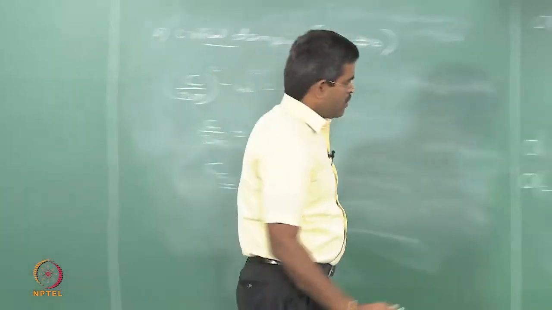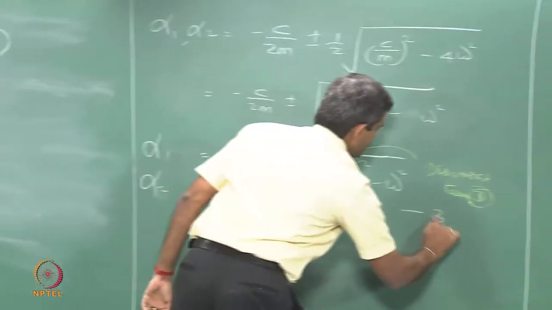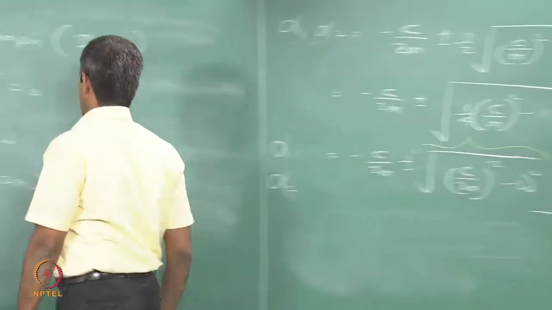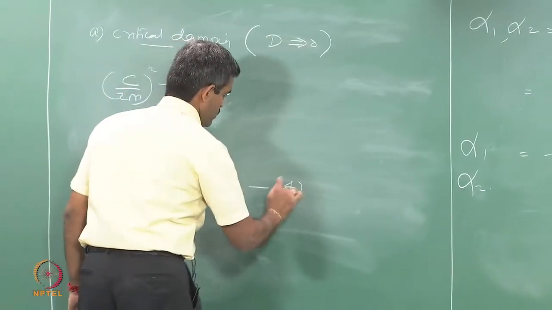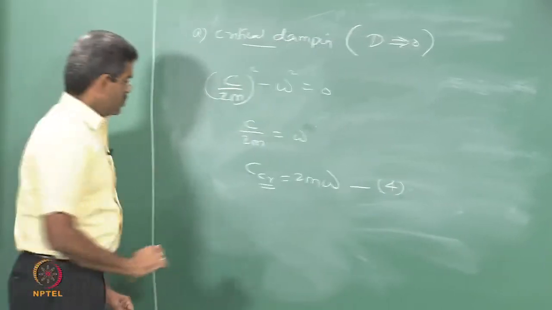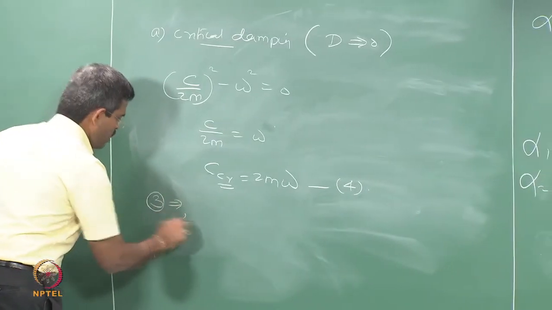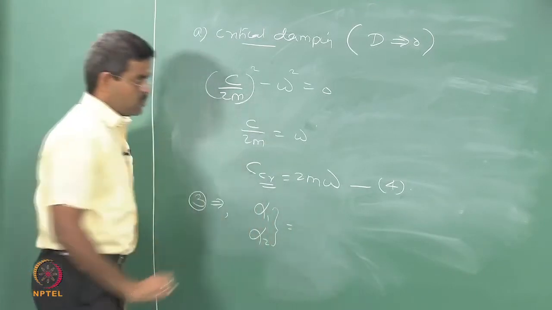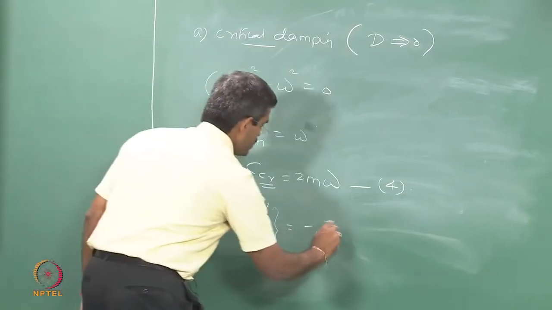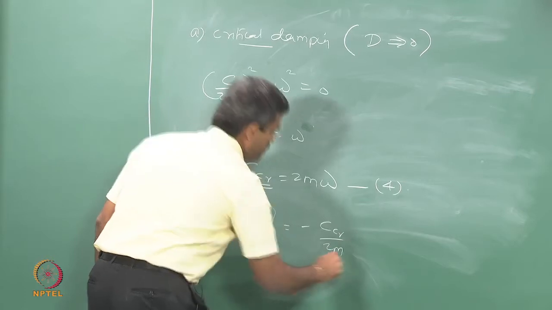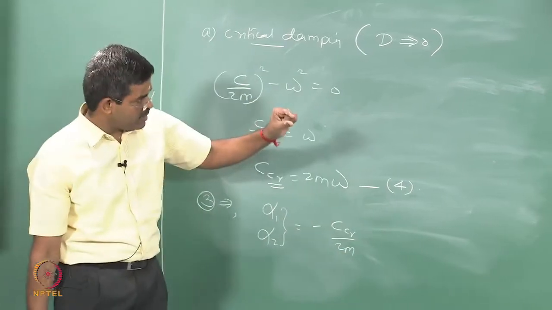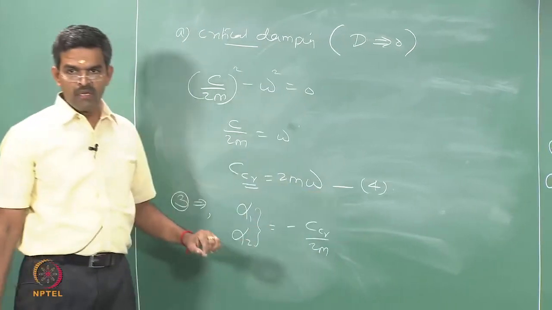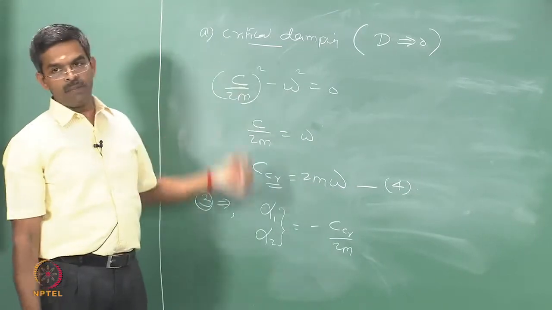I will call this equation 3, and I will call this equation 4. So, equation 3 will now be modified as alpha 1 and alpha 2 both equal to minus C_CR by 2m. I am just replacing C with the suffix CR indicating that it is a critical damping solution.